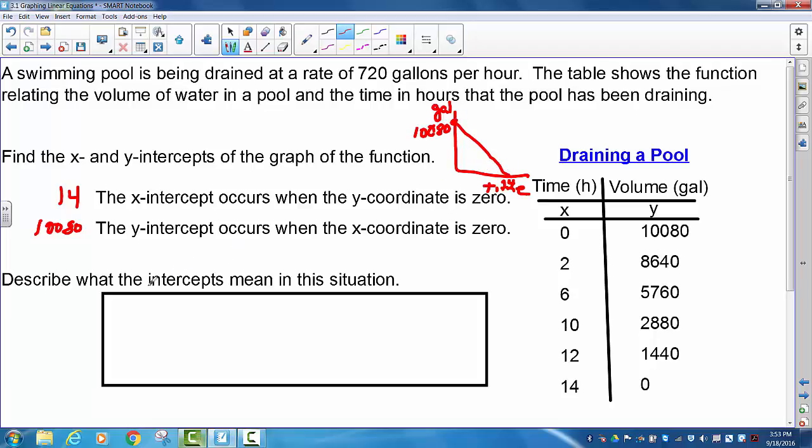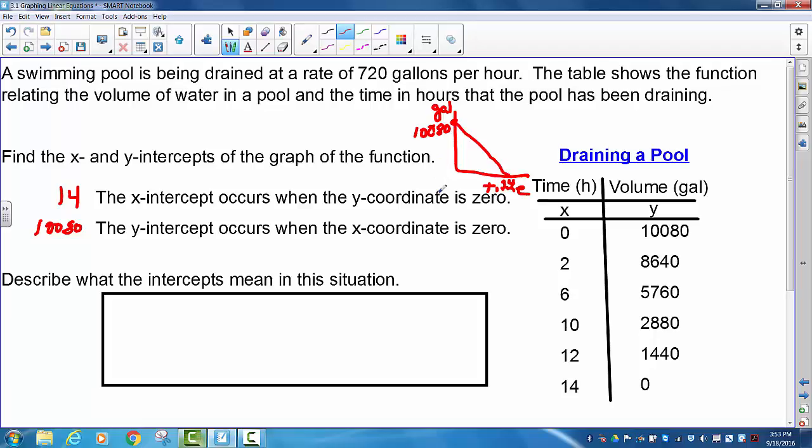Now, describe what the intercepts mean in this situation. What does it mean when the x is 0 and the y is 10,080? That means that the time is 0. That means at the beginning, the volume of the pool is 10,080 gallons. So on the graph here, that means that the volume of the pool is at its starting point of 10,080.